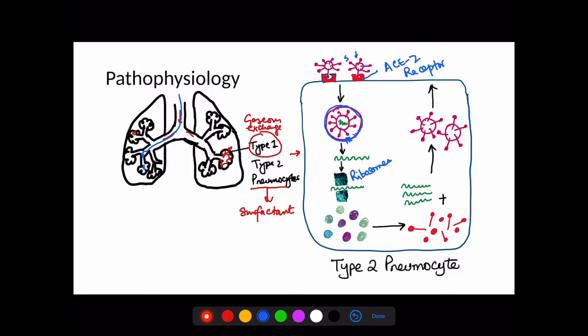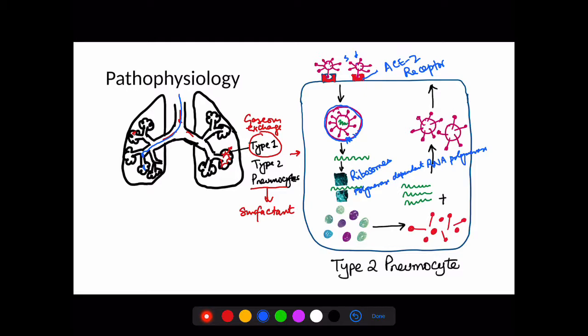These ribosomes take up the messenger RNA, and this messenger RNA, with the help of an enzyme known as RNA-dependent RNA polymerase, makes further copies of the RNA. So it helps in making many copies of the RNA.